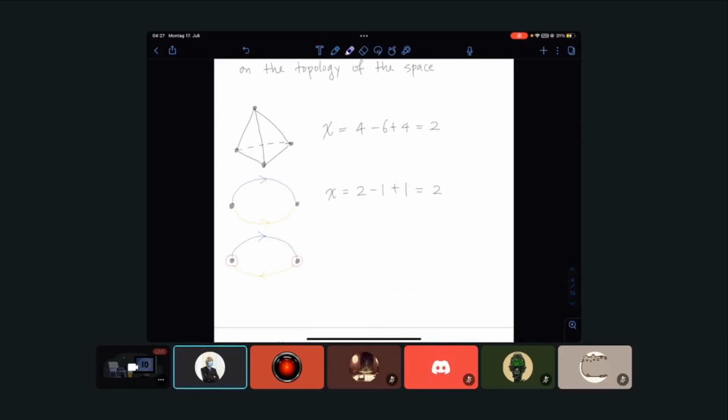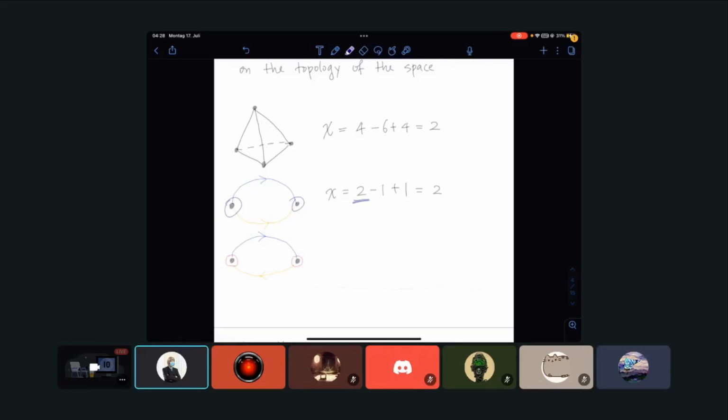Now, what about this space? This is what we just did. This is cellular decomposition, no longer about triangles. In this case, we can do the same thing. We have 2 vertices, so we have a 2 here, and actually this is just one line because these 2 edges are glued together into one. So by drawing these two edges, we actually only have one single edge on the space.